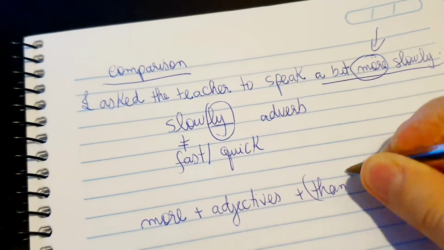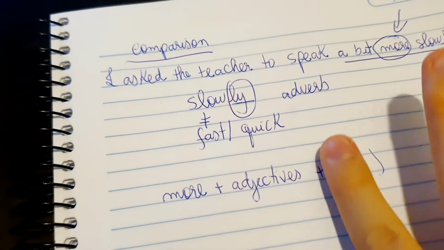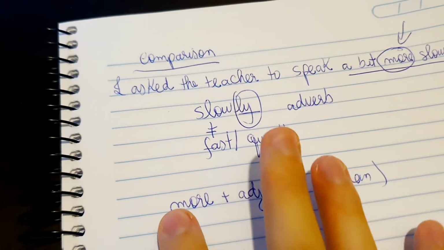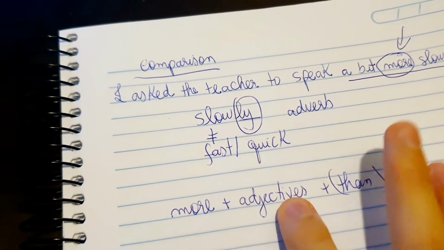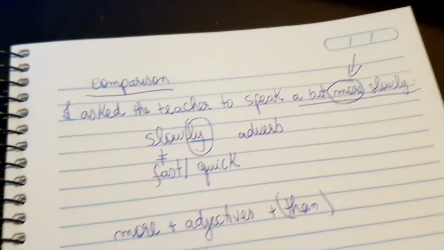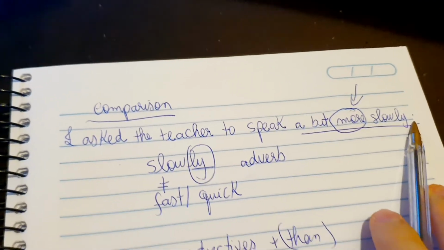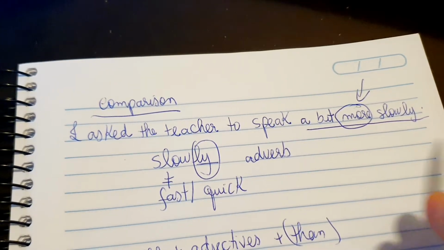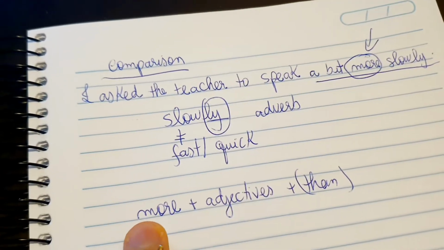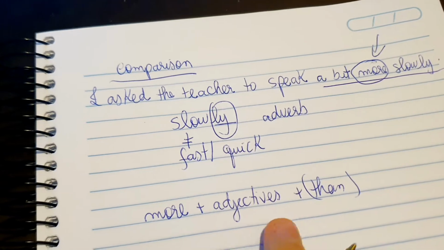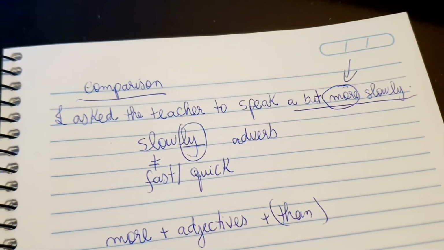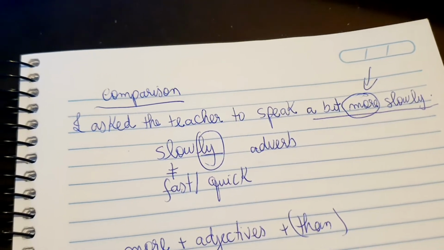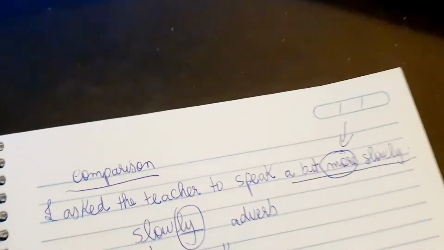Depending on the comparative, you can omit than and you can say more plus adjective. As you can see here, slowly is an adverb, right? So you can use more plus adverb to express the comparison idea.